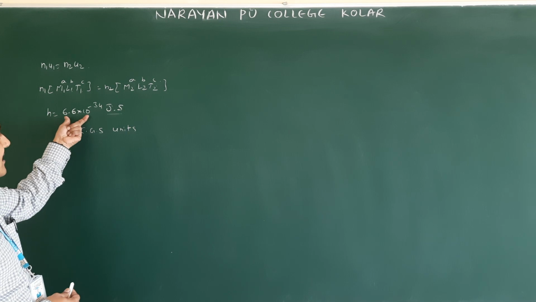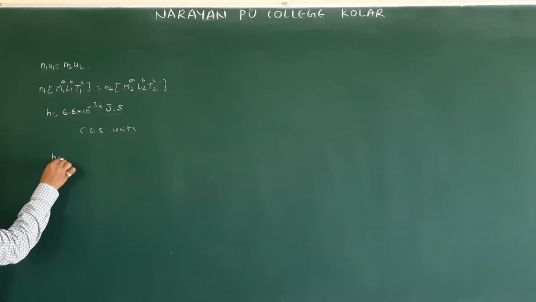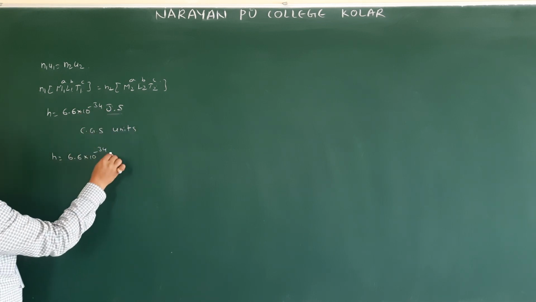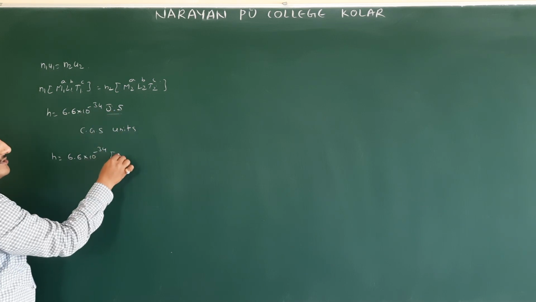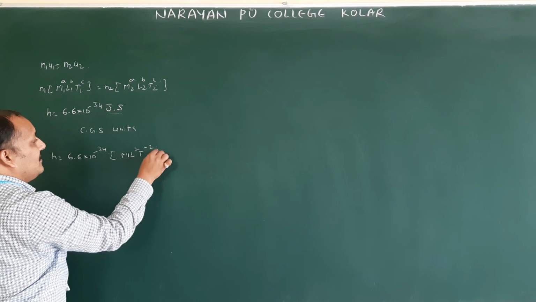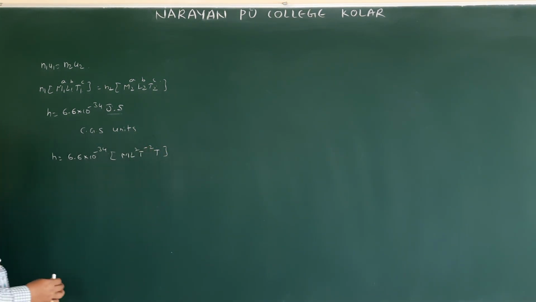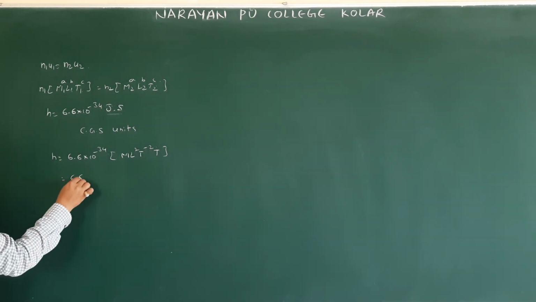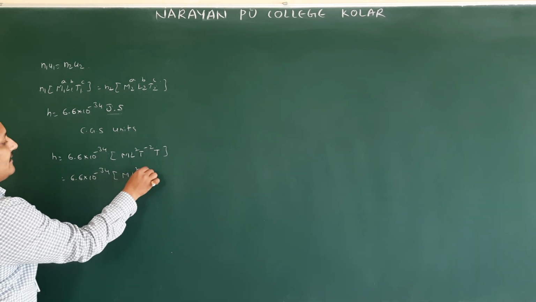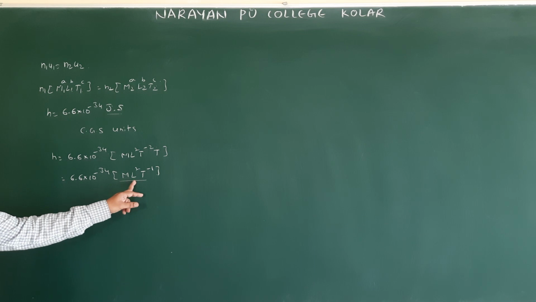Next we will see how this value is going to be converted. So H is equal to 6.6 into 10 power minus 34. Joule you can write in terms of dimensional formula as M L square T power minus 2. Second means T, so T power 1 minus 2, which is minus 2 plus 1, minus 1. Therefore 6.6 into 10 power minus 34 M L square T power minus 1. This is in terms of dimensional formula. Which system is this?